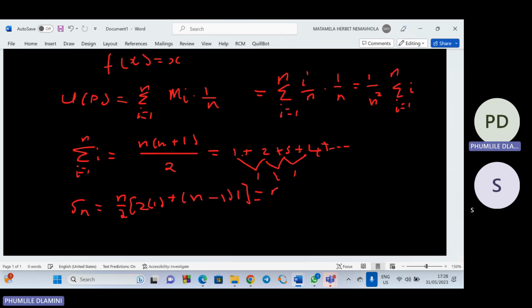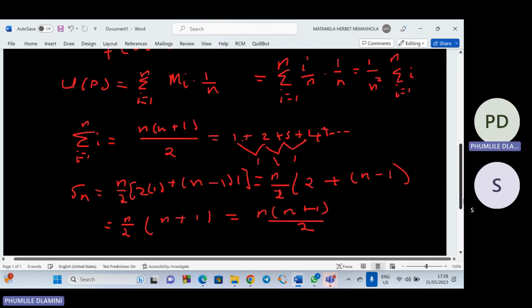So if we group everything over 2, we have n over 2 times 2 plus n minus 1, which is n plus 1. Then when we multiply this, we can rewrite it as n times n plus 1 over 2.